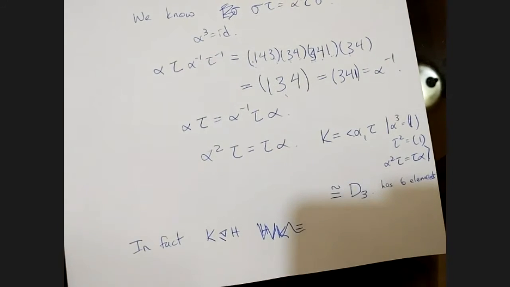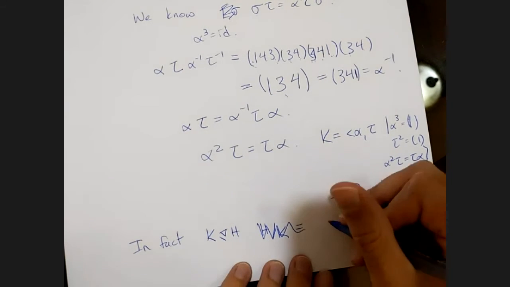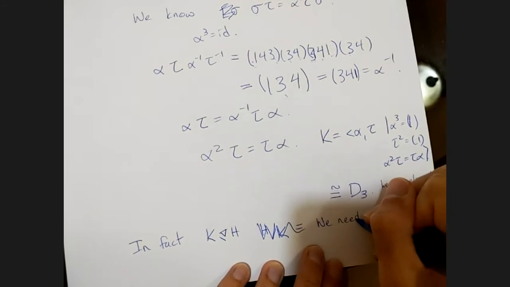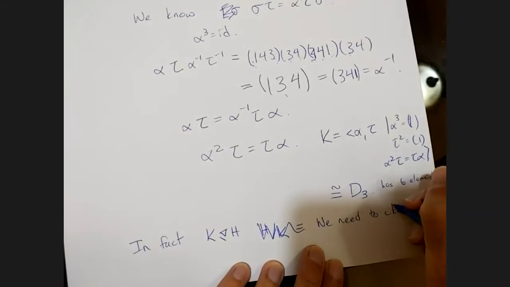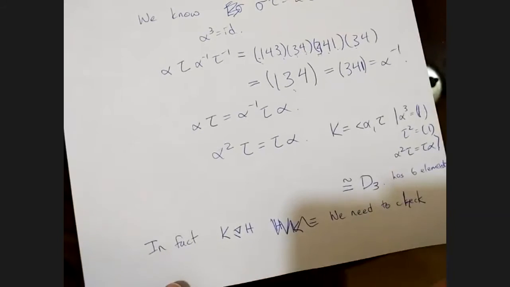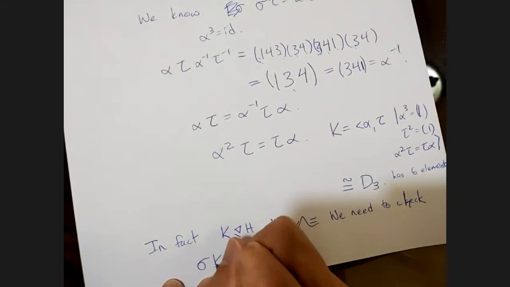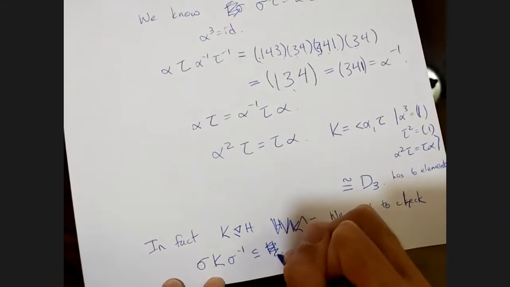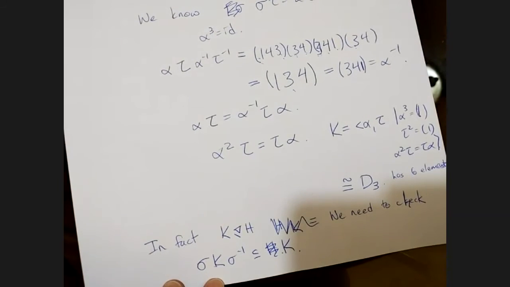So let's first establish that K is normal in H, right? So we need to check that sigma K sigma inverse is a subset of K. Why do we need to check that and not anything else?